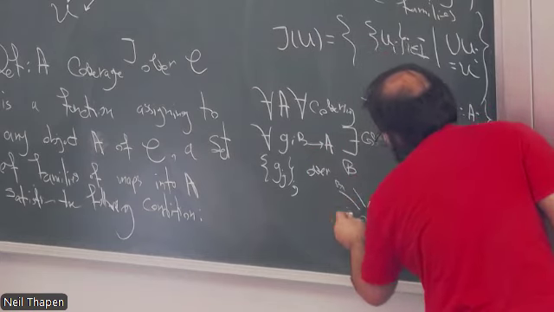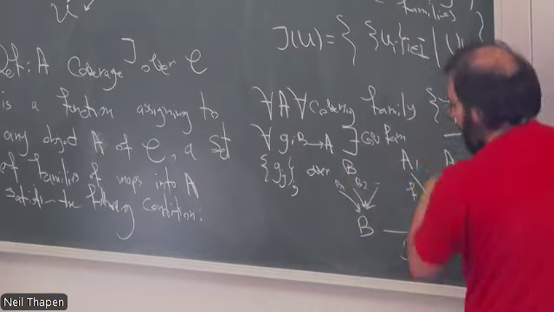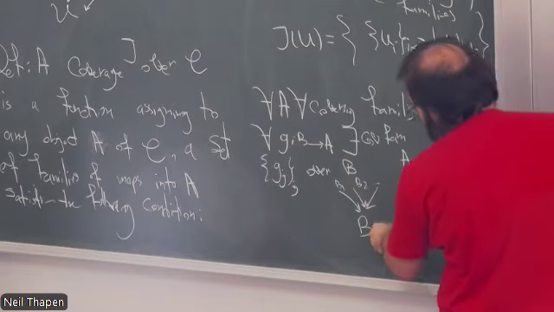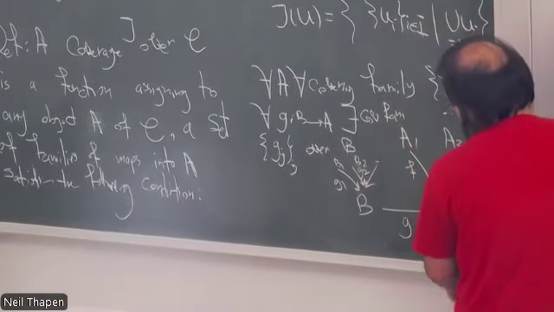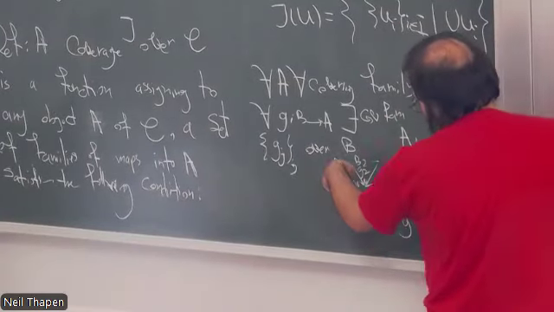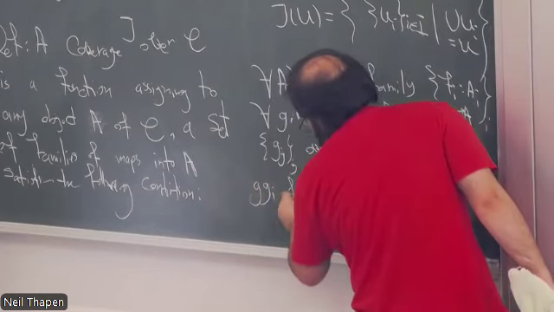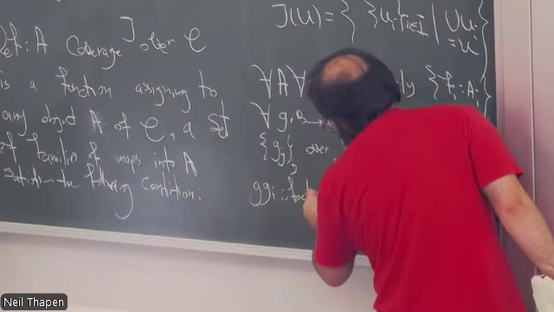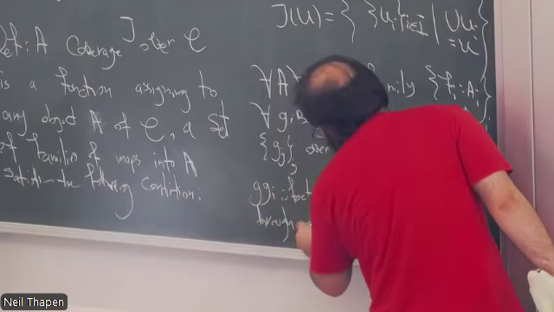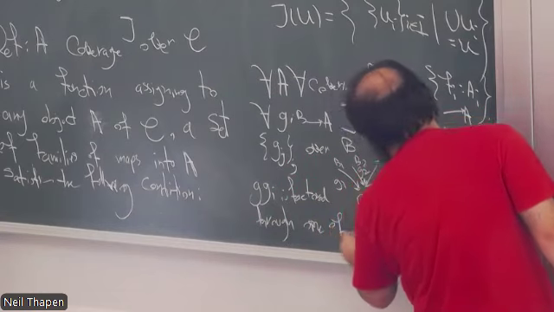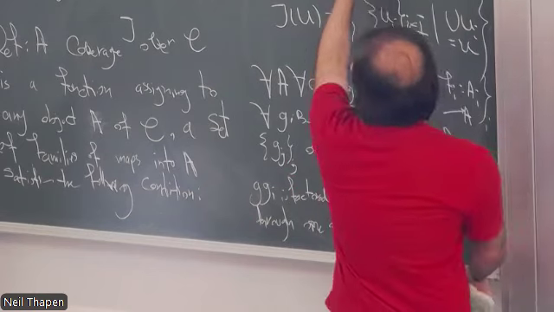Let's say B1, B2, whatever. Exactly. It could be another set. And so G1, G2, such that the only condition that I have is this. G composed with any G_j is factored through one of F_i's.